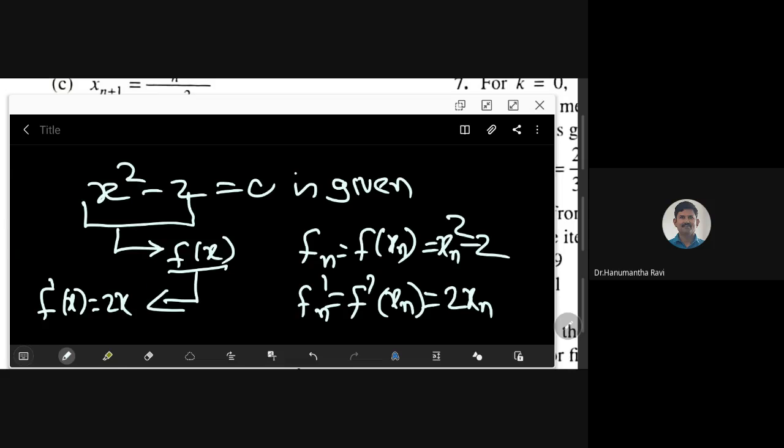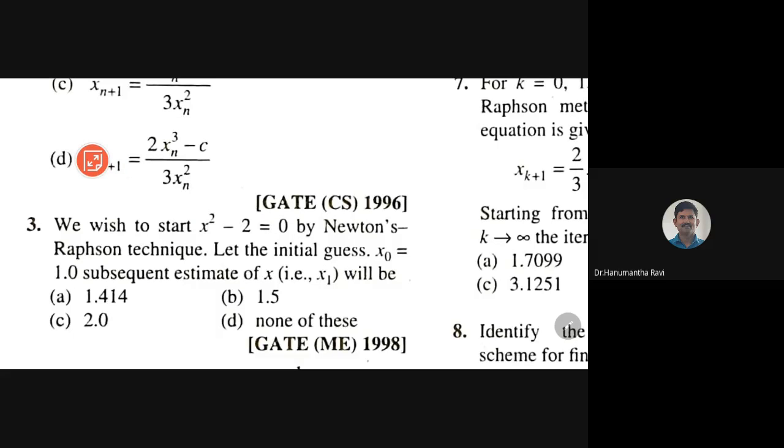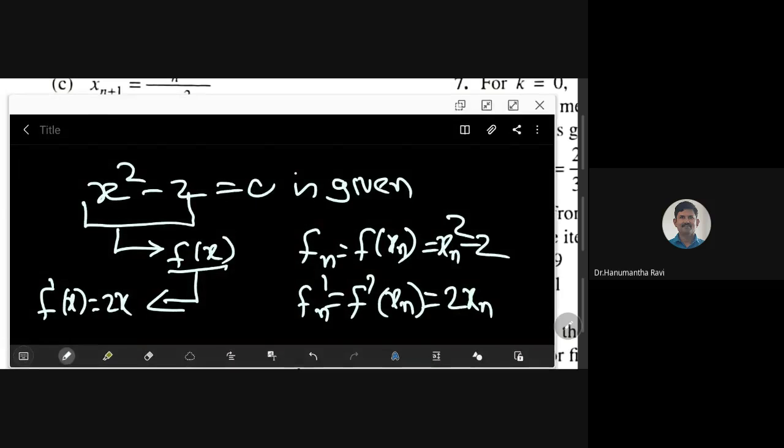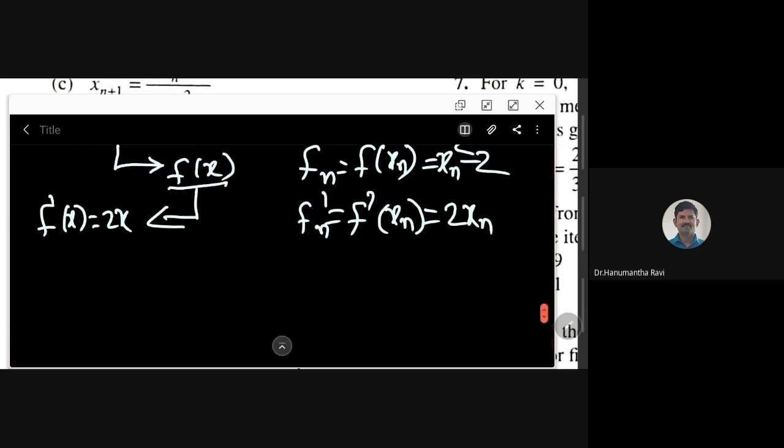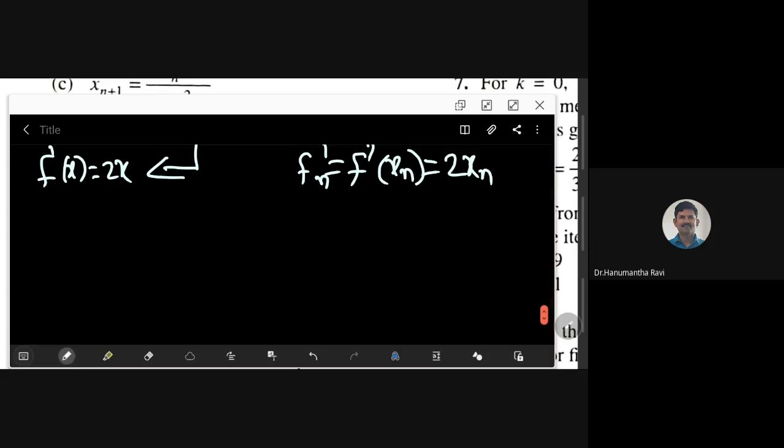Now the first approximation, see what he has given. Let the initial guess x0 be this, and what is the subsequent guess, that is x1. Now you need to write the formula for x1. Usually xn plus 1 is xn minus fn by fn dash.